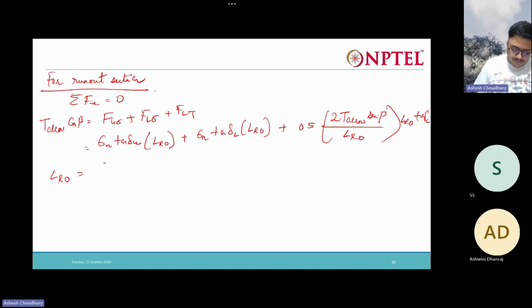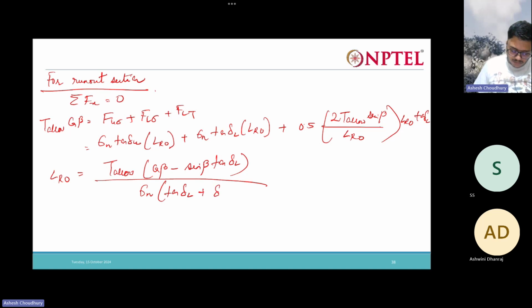LR naught is equal to T allow cos beta minus. Now what is this T allow? T allow is sigma allow times T, the thickness. Alright, so this is the LR naught.